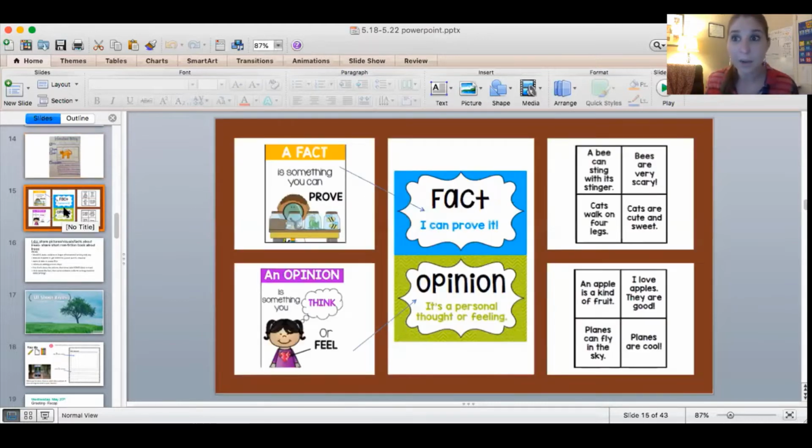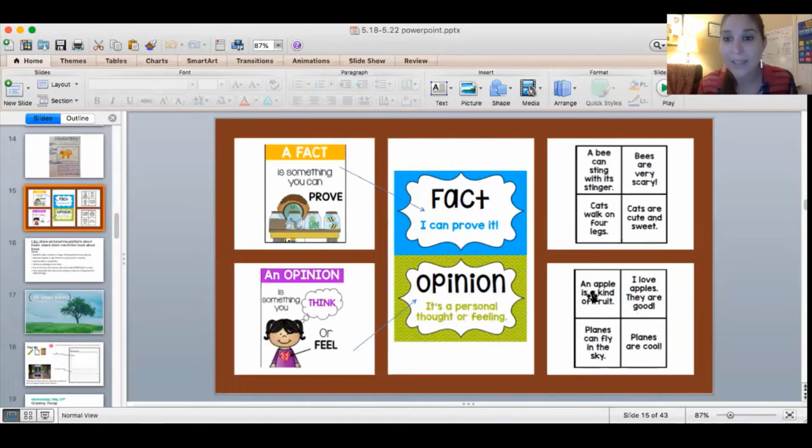Again, let's talk about a fact versus an opinion. A fact is something that you can prove. It's real. An opinion is something that you think or you feel. And remember, opinions can be very different. One person's opinion is very, very different than another person's opinion. Here's a fact and an opinion. Here's one fact.